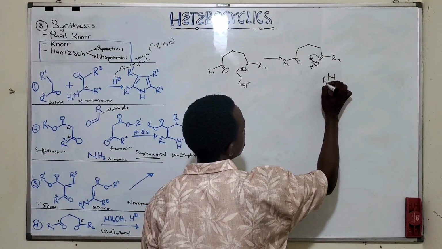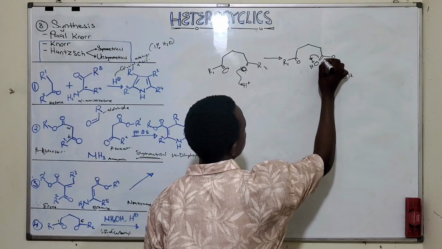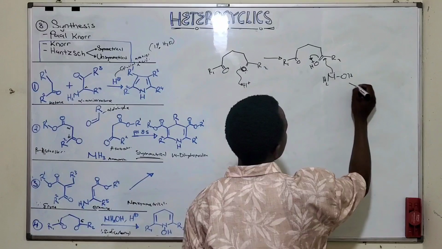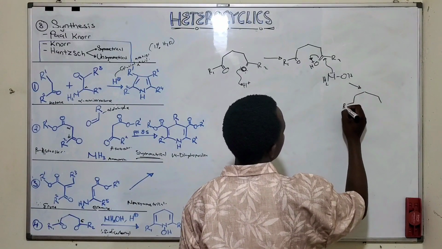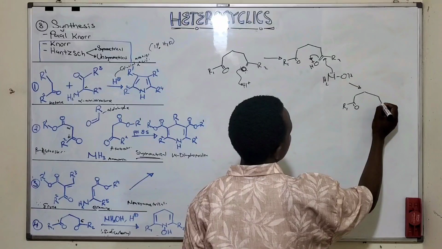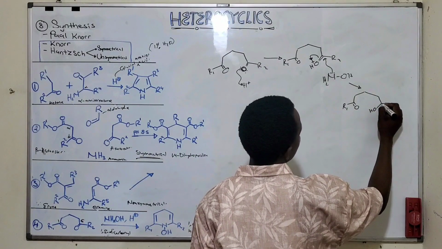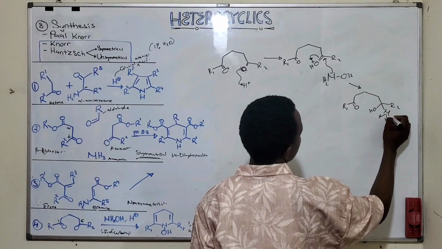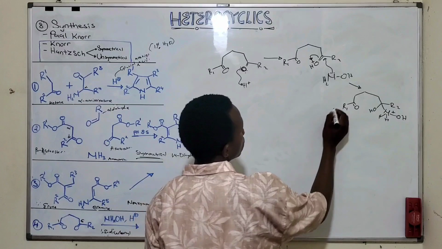Then this NH2OH comes and attacks that carbocation. So we shall form this R1. You have OH, R2, and N, OH, but it's now positively charged.